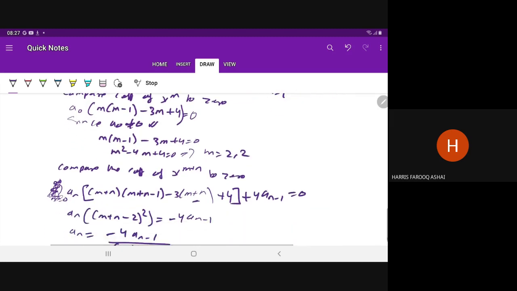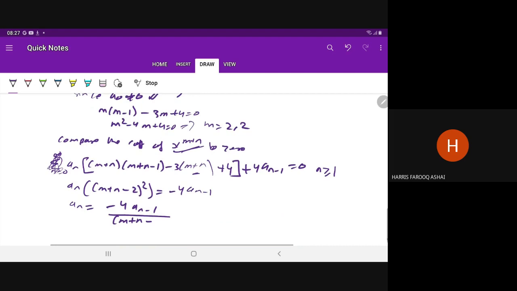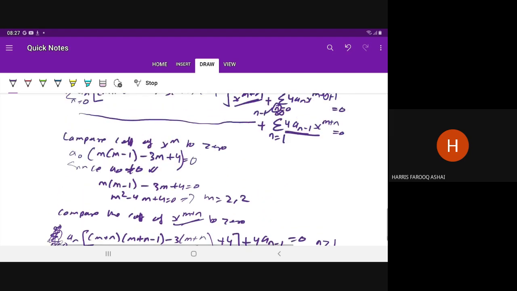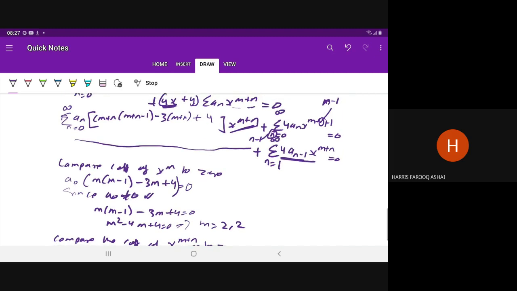No, I am comparing the coefficient of x to the power m plus n. So here we have n greater than or equal to 1. On both sides we have n is equal to 1. This series we have written as a naught something plus summation n is equal to 1 to infinity, plus summation n is equal to 1 to infinity.